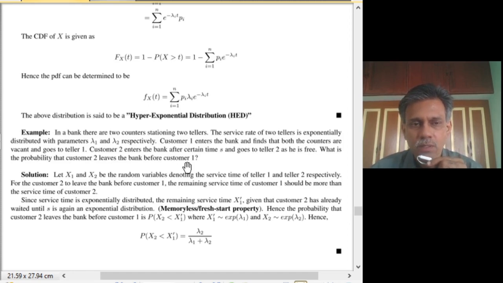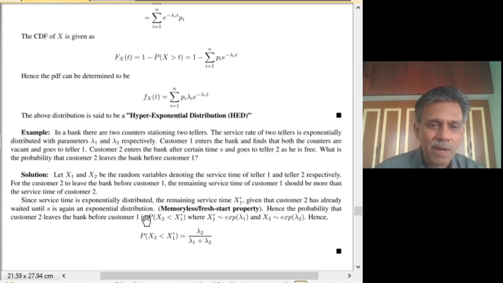What is the probability that customer 2 leaves? That is the question. You might think that it depends upon the service rates of server 1 and server 2, and also on S, the time already spent by customer 1. But it is given that when customer 2 enters, customer 1 is still under service. So we have to compare the remaining time customer 1 spends with server 1 against the full service time customer 2 spends with server 2.